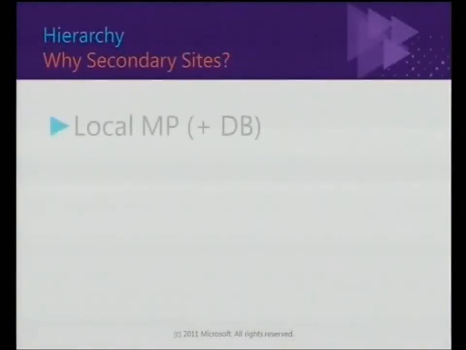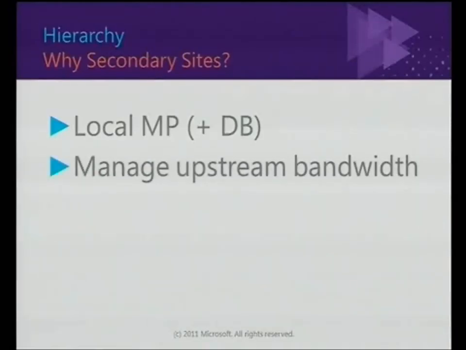So in 2012, we still get a local management point, which means that we do get to manage upstream traffic on a secondary site. So a DP can manage downstream traffic, you can throttle that, but upstream traffic from clients, client inventory, hardware inventory, software inventory, client status reporting, that can still be sent to the local management point on the secondary site server, consolidated, and then sent up using the senders to the primary site, following the throttling rules.